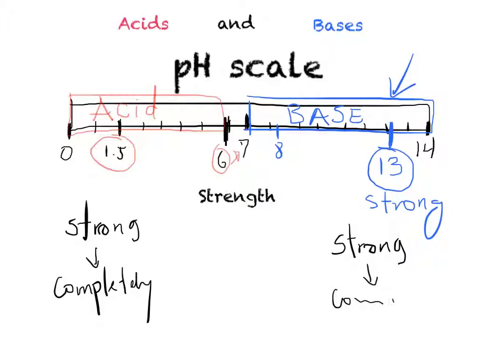Total dissociation, 100% dissociation. That's why it's important to know if an acid is strong or weak, same with a base. If the acid is weak, it's not going to dissociate completely. Otherwise, if it is strong, you will see 100% dissociation.